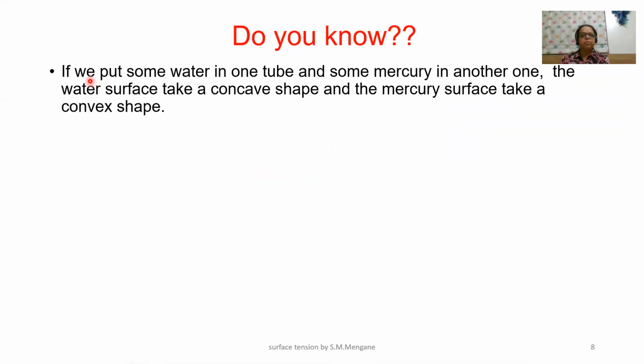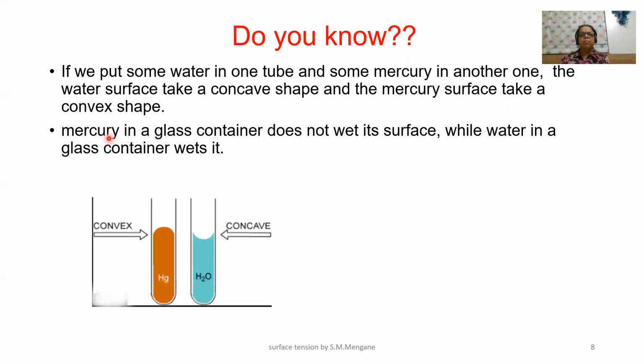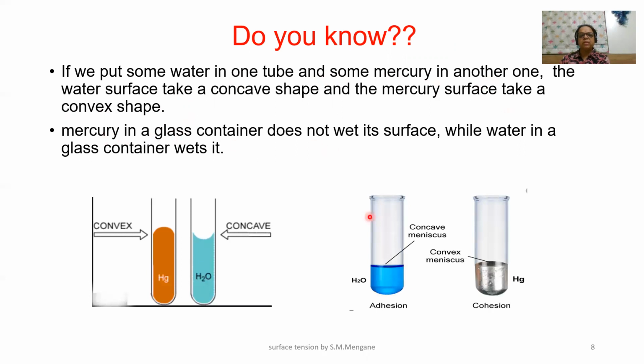We also observe if we put some water in a tube and some mercury in another, the water surface takes a concave shape and the mercury surface takes a convex shape. Mercury in a glass container does not wet its surface while water in a glass container wets it.